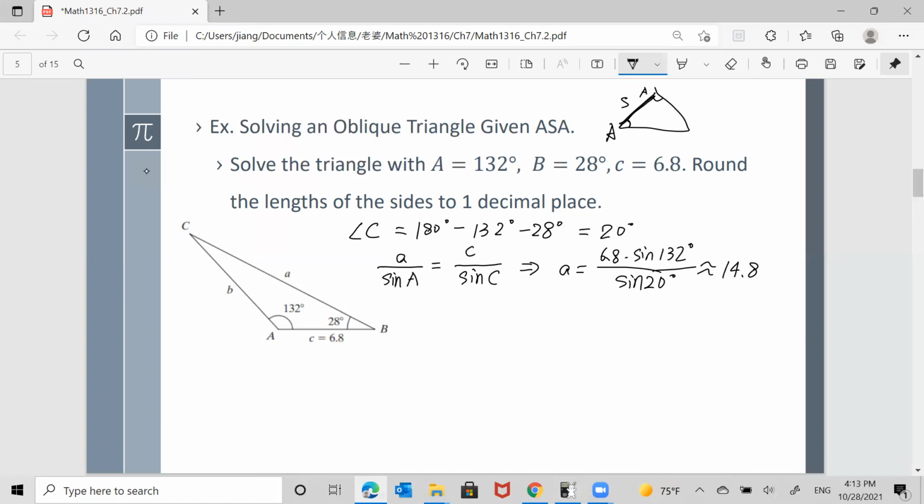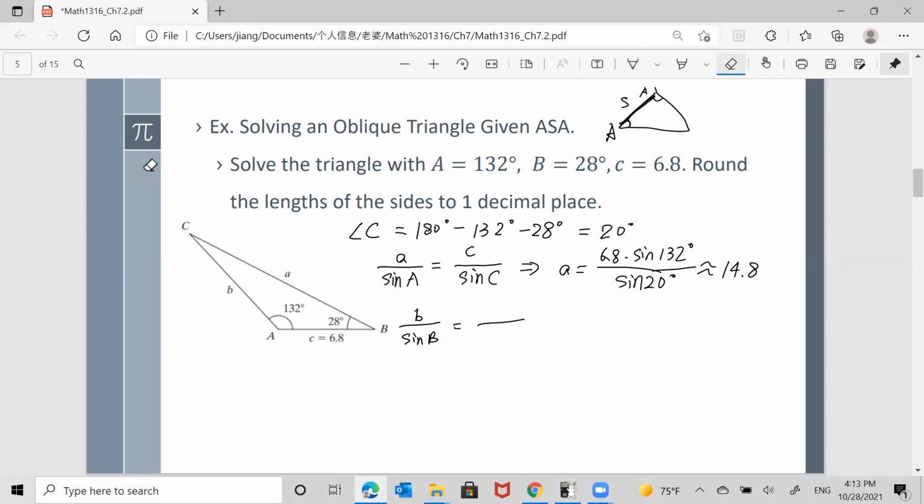So next length, I need to find b, because we have the angle B. We don't have the length b. b over sine B equals c is 6.8.